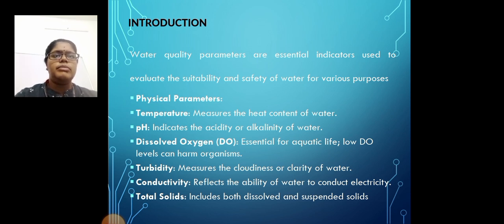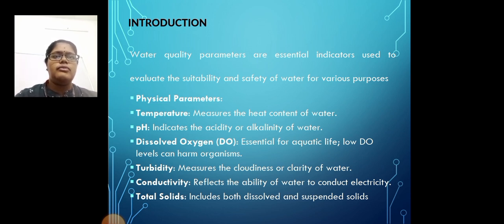It is important that the water that we are using for domestic and cooking purposes should be free from pathogenic bacteria, and it should also have a less quantity of dissolved contents, the minerals.